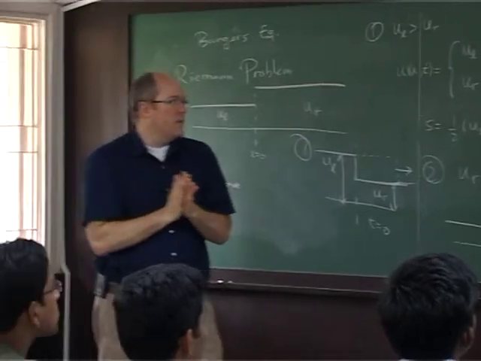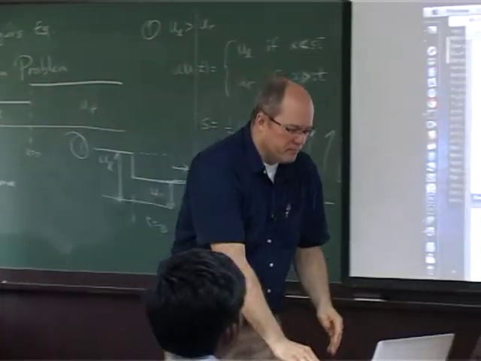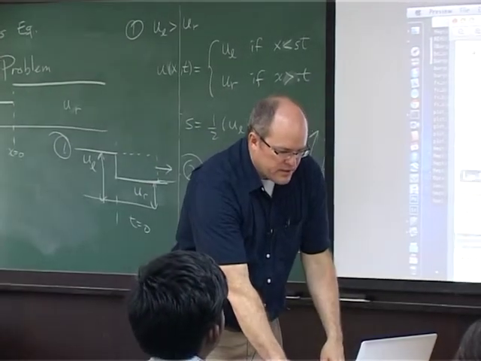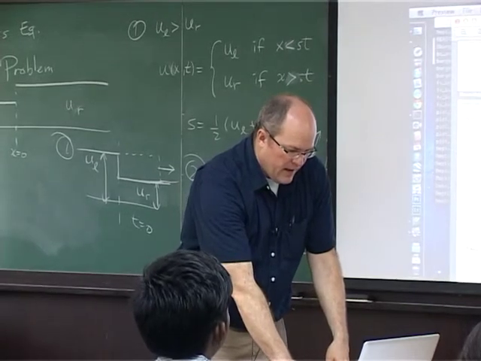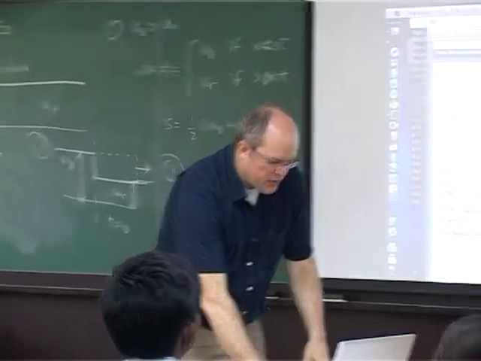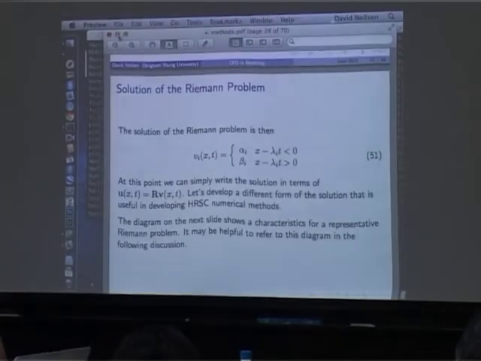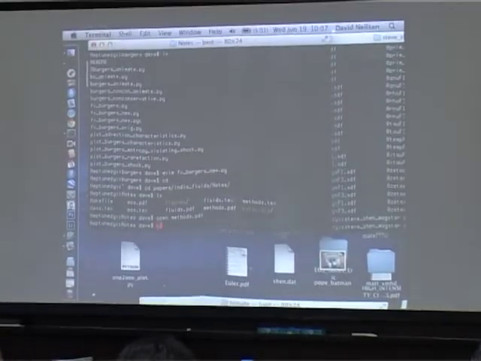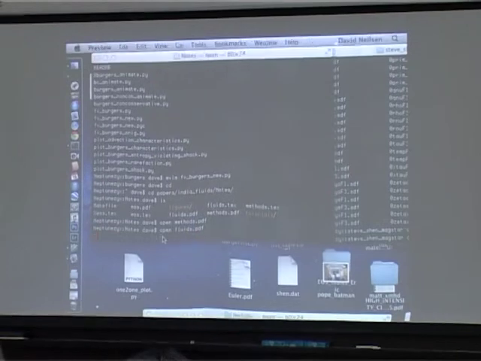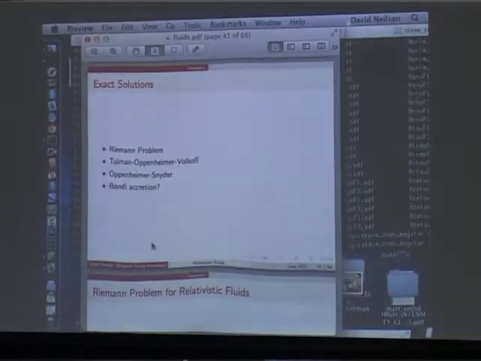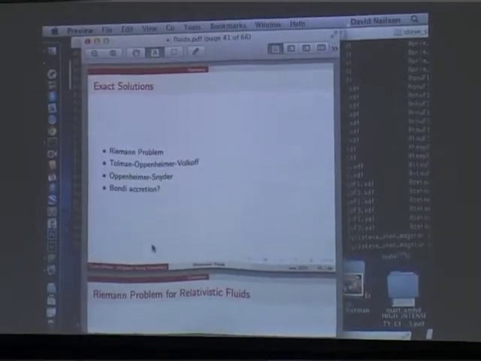These 3 eigenvalues are not nonlinear, and they give rise to a third type of wave that's in the Riemann problem, and it is called a contact discontinuity.